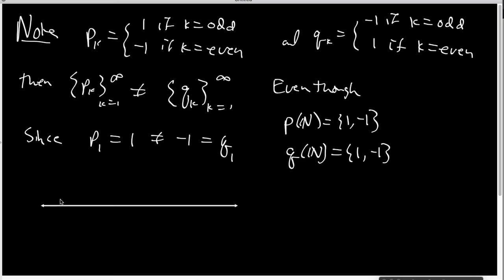So if I look at the P's, here's -1, here's +1. The P's start out here, P1, and go here, P2. Then this is P3, and this is P4, and this is P5, and so on.